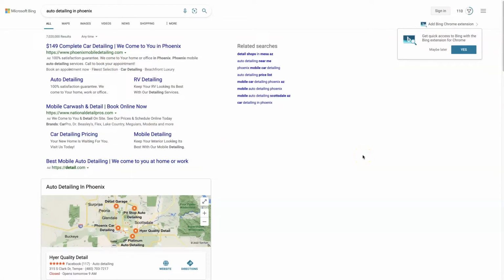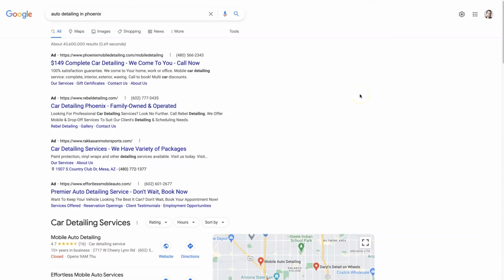So if you're advertising on a set of terms like mobile detailing, where maybe there's not a ton of organic search traffic, trying to advertise on Microsoft, Bing or Yahoo, or any of Microsoft's search advertising platforms, there's probably not going to be enough traffic for you to get enough clicks on your ads to actually generate leads and results, right? In which case, you might have to use Google Ads.